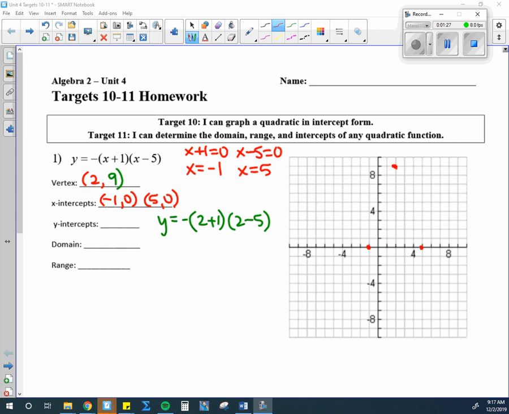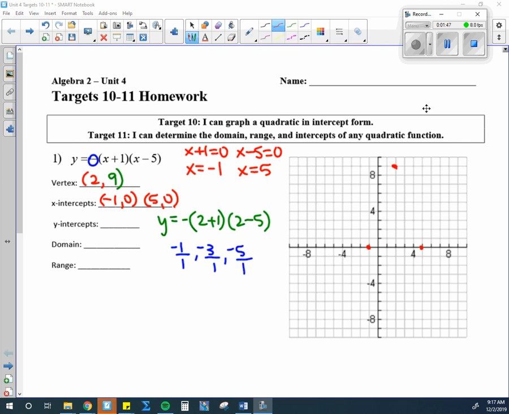So once I've found my vertex, I'm then going to use my pattern. Typically my pattern of graphing is 1, 3, 5, but because I have a negative a value here, I'm going to do -1 over 1, -3 over 1, -5 over 1.